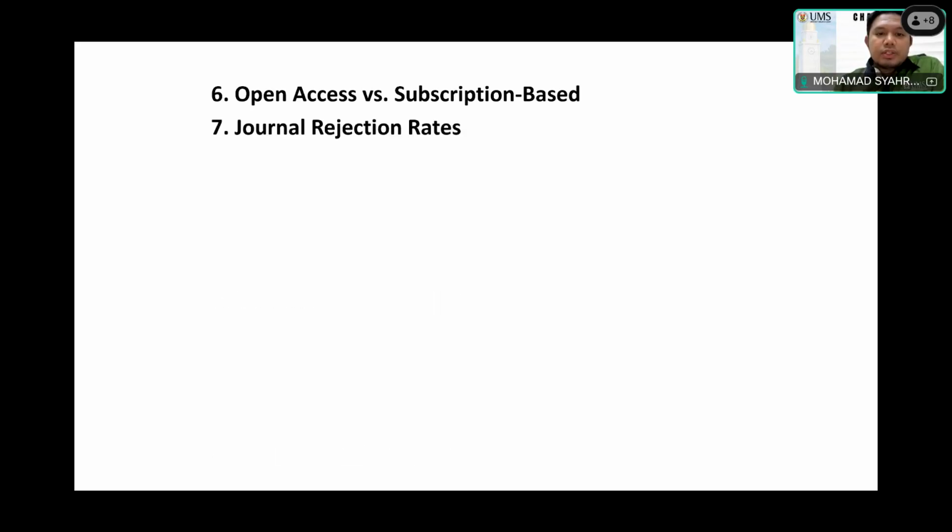Okay, for journal rejection rates, maybe Springer and Elsevier state the journal rejection rates, so you can consider this. Consult with your advisor and colleagues. Consult with your friends, your lab mates. Maybe they have good experience with this.